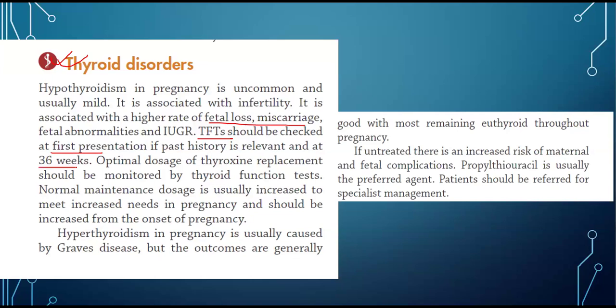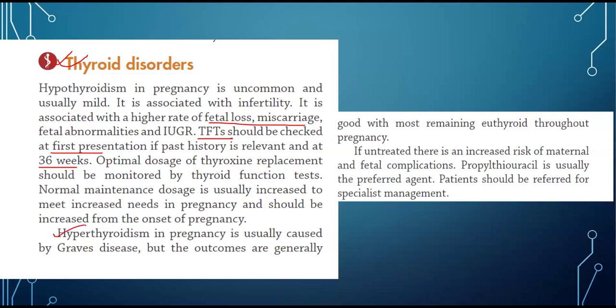And also we do it at 36 weeks. Okay. Sometimes if it is a hypothyroid patient and they get pregnant, then you need to give them thyroxine. So the thyroxine dose might be increased during pregnancy. So you need to check their TSH and T4 quite regularly to change the dose.